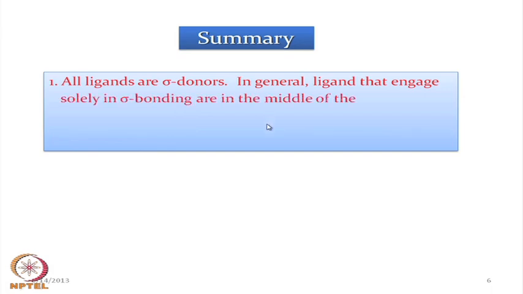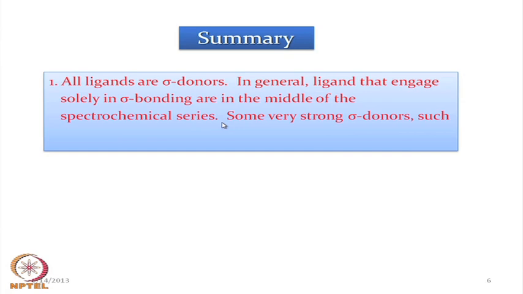This donation does not greatly affect the separation between the T2g level and the eg level. So, the ligands which engage solely in sigma bonding are in the middle of the spectrochemical series. If we have the entire spectrochemical series, at the center we will have these molecules as ligands, which show only sigma bonding interactions.